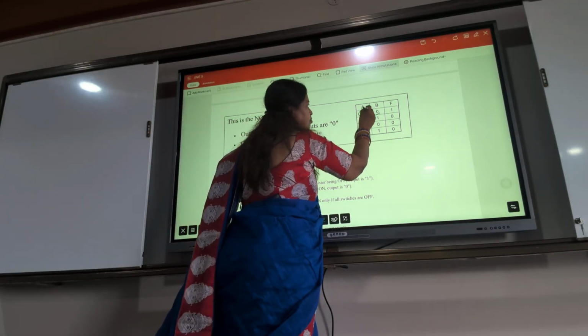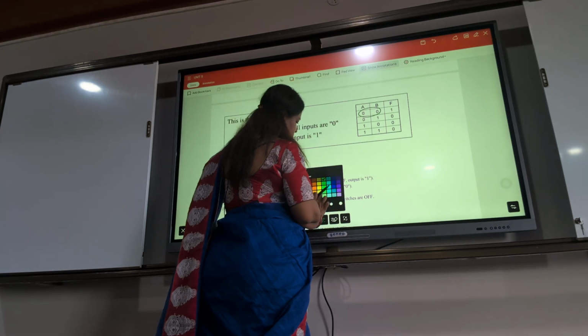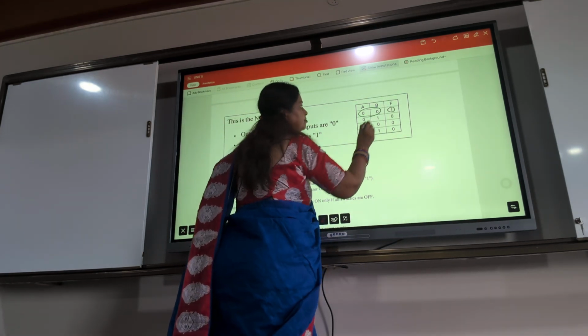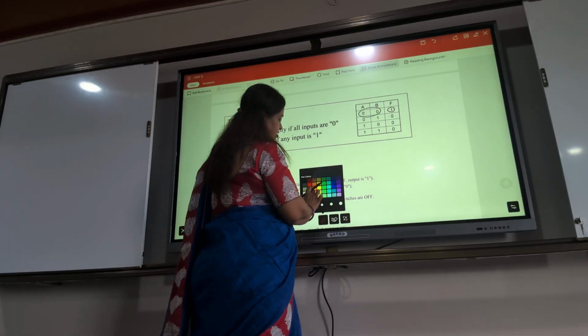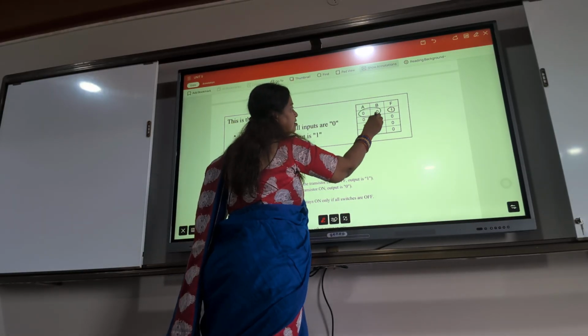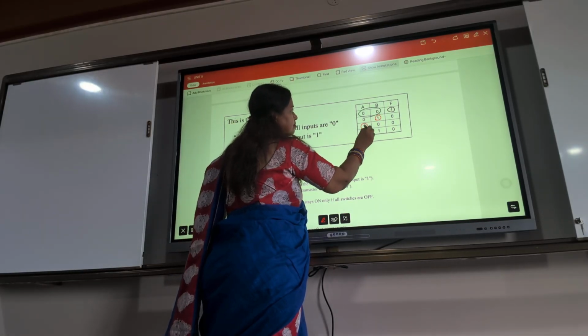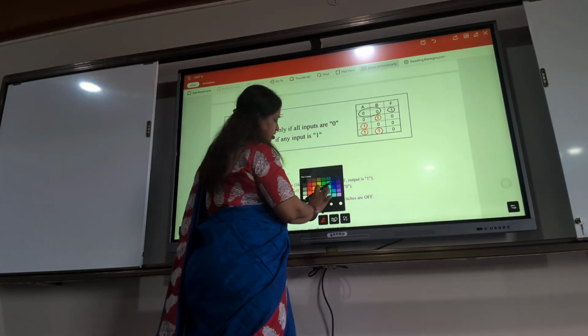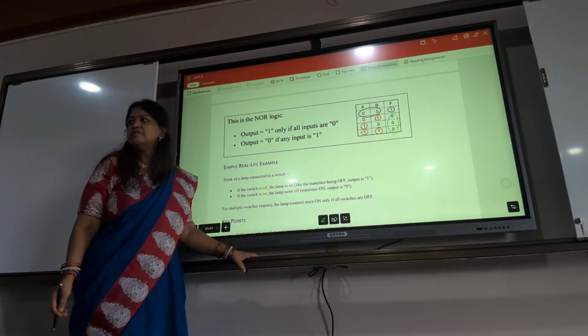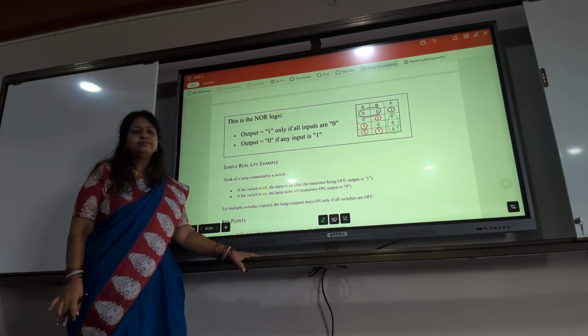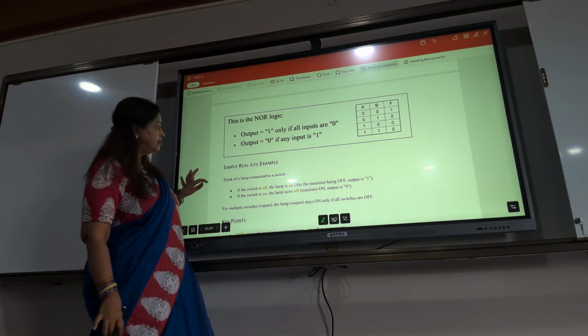Only when all the inputs are 0, output is 1. If any of these inputs is 1, then what happens to the output? Output is 0. This is what NOR is. So we have to implement this.